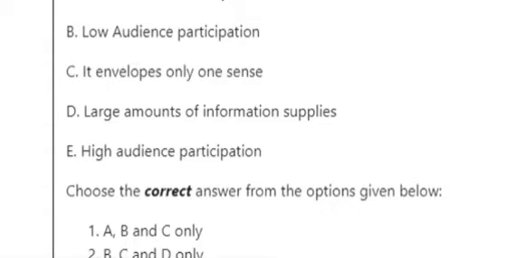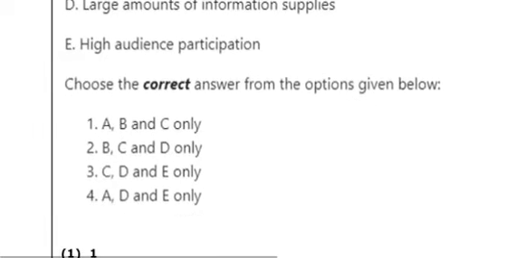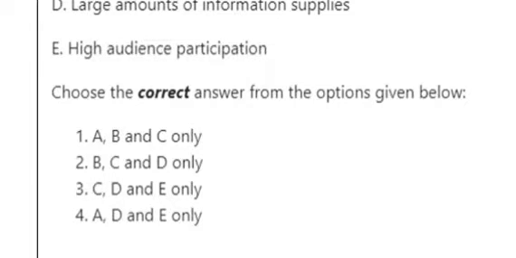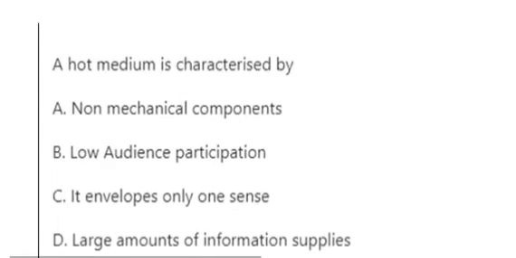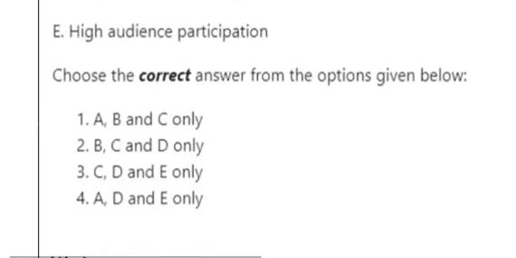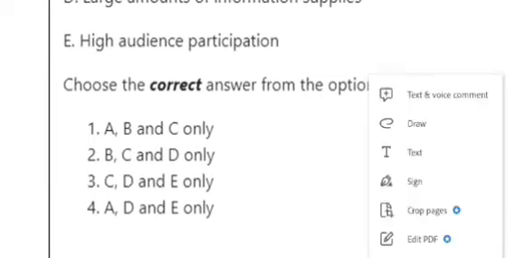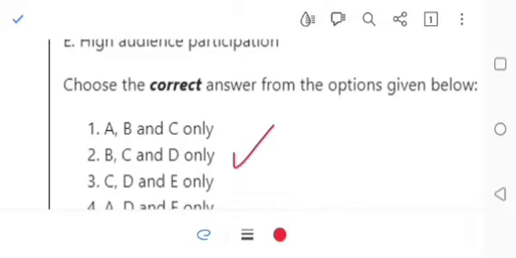D, large amounts of information supplied. E, high audience participation. Now choose the correct answer from the options given below: A, B and C; B, C and D; C, D and E; A, D and E only. So the correct option for this question will be number B. That means B, C and D only will be correct.